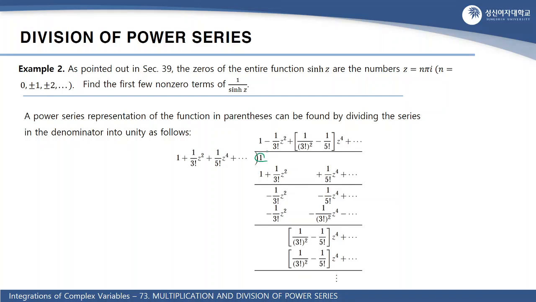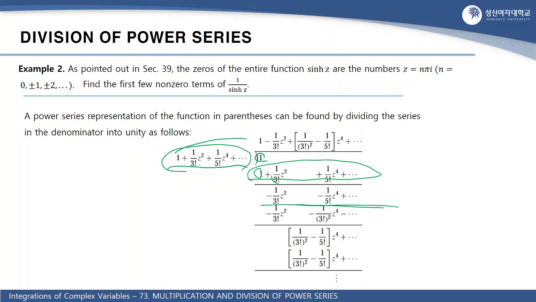You put the unity here and the denominator here, cancel the first term 1 and write 1. Then multiply by the two terms, 1 and these terms, and write them in the second line. The first term is 1 and the second term is z squared over 3 factorial. Then subtract the first line and the second line, and you get this result.